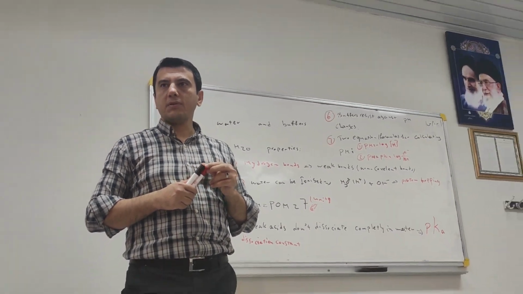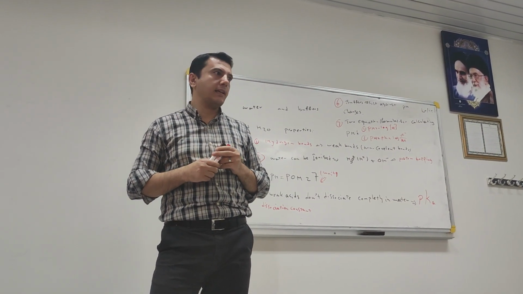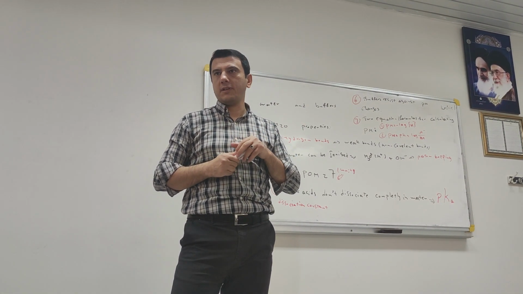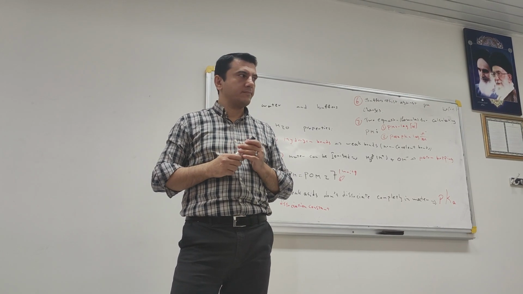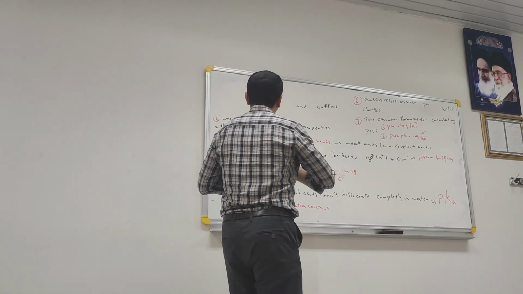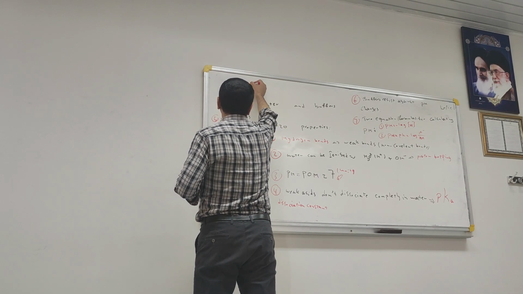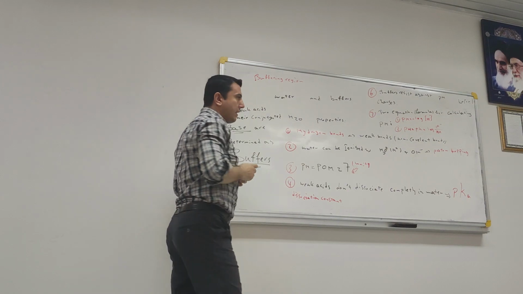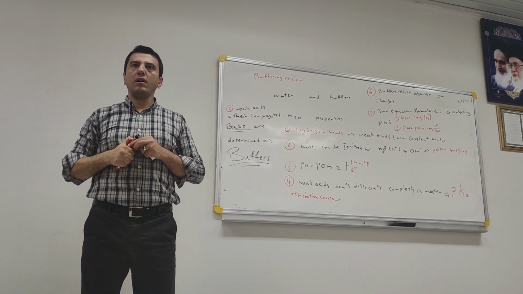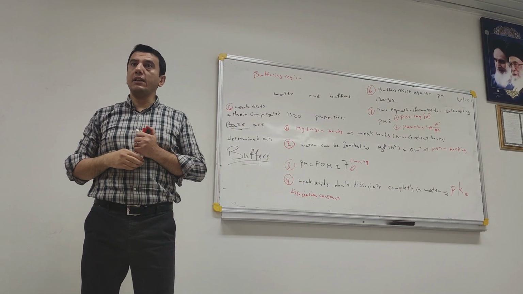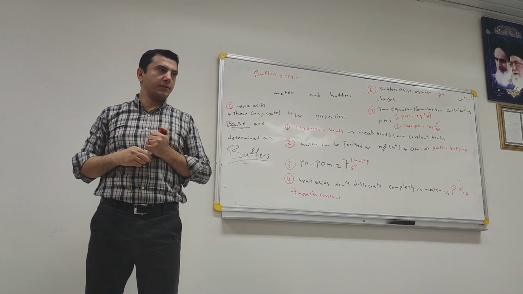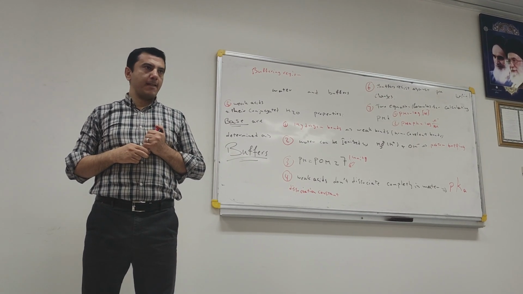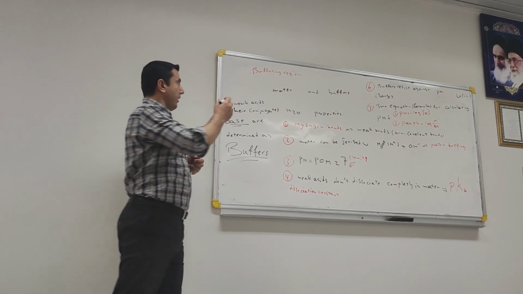What is the most important characteristic or property of a unique buffer? Buffering pH region. Buffering region. What is the amount of a unique buffering region? pK plus or minus one.